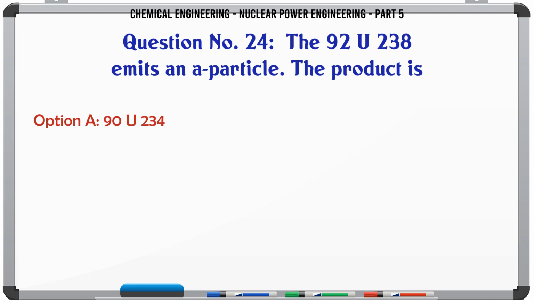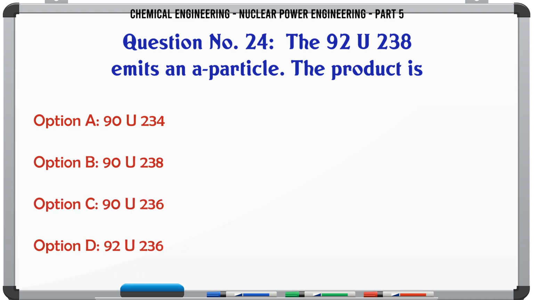The 92U238 emits an alpha particle. The product is A. 90U234, B. 90U238, C. 90U236, D. 92U236.